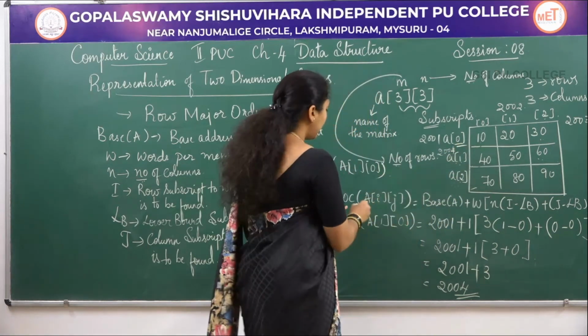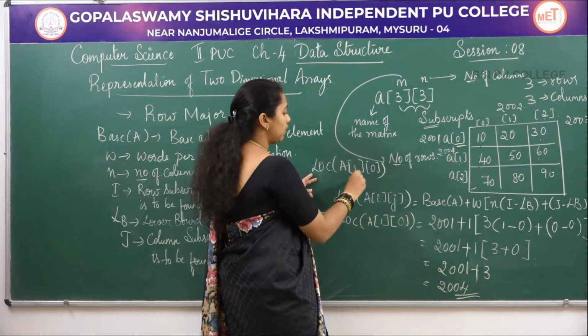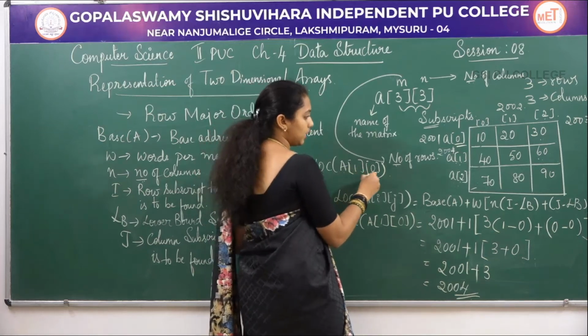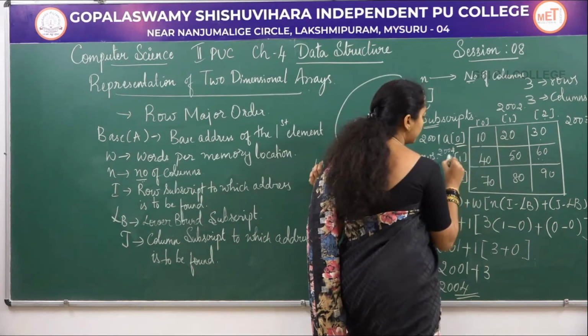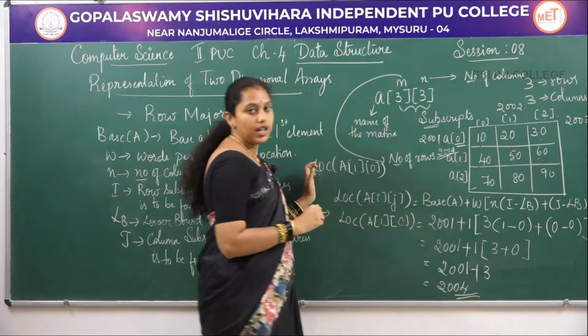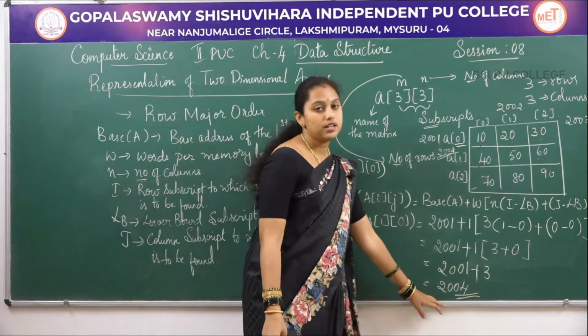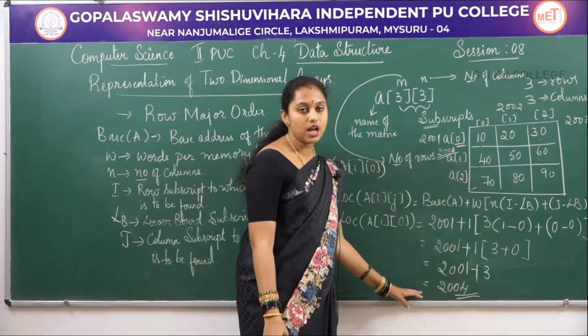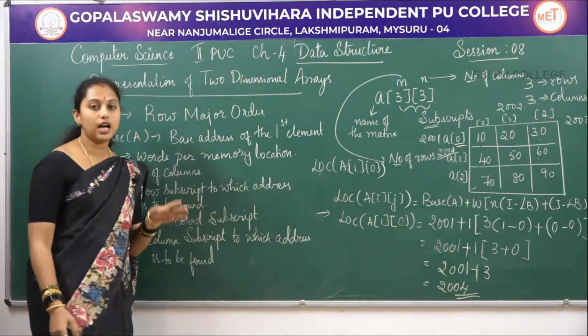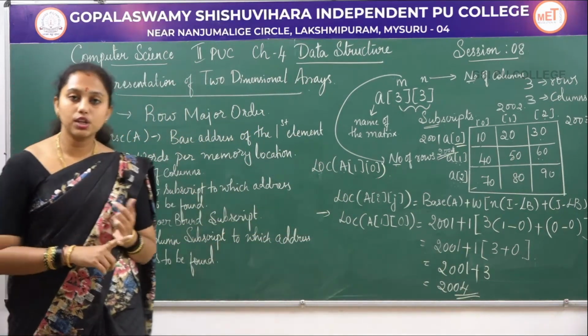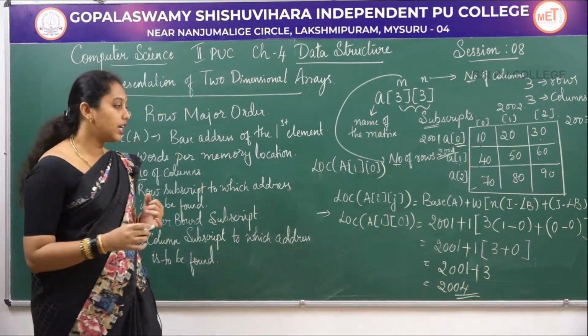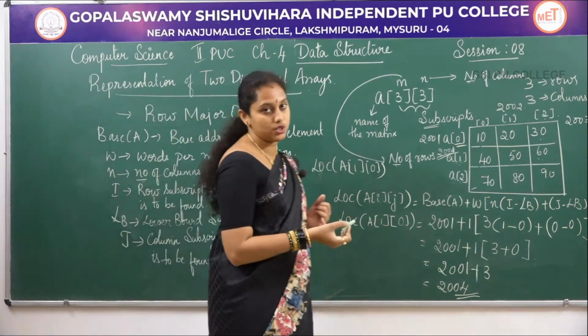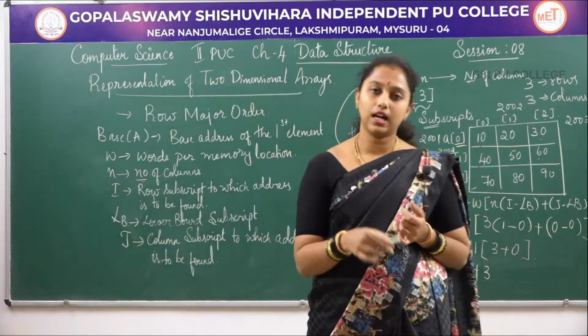So what I have given, we have to find the memory address of A of 10. A of 10 memory address is 2004, hence what we have calculated is correct. So this is how we are going to represent the array elements in row major order, as well as we are calculating the address of any element in an array.